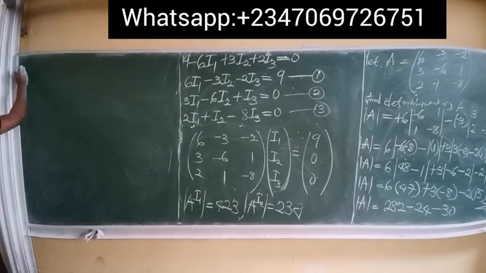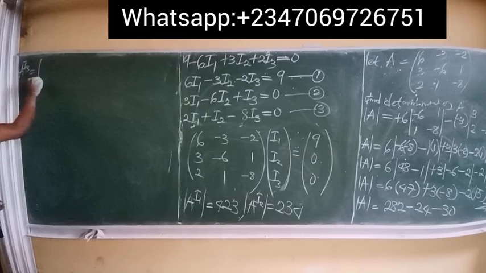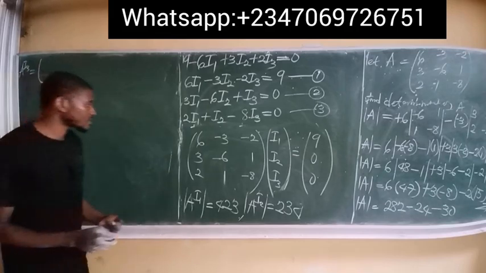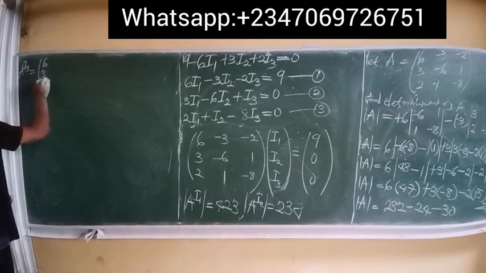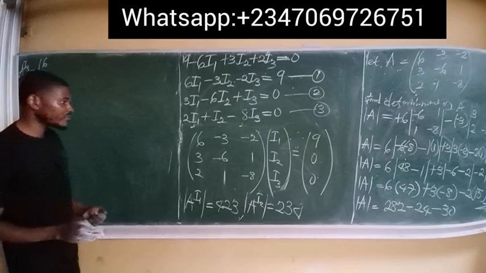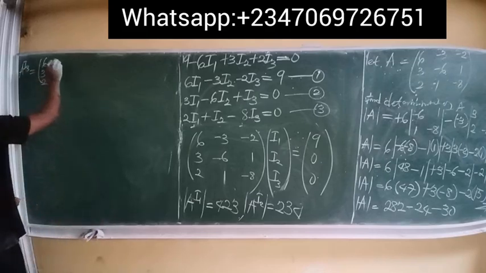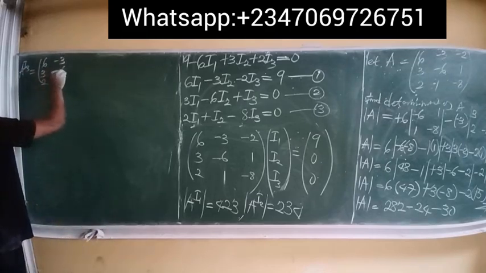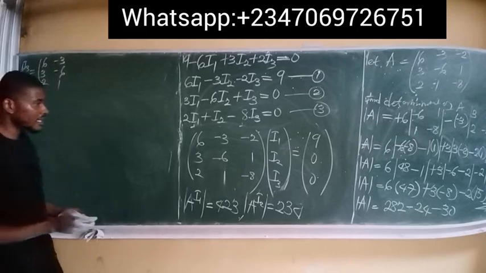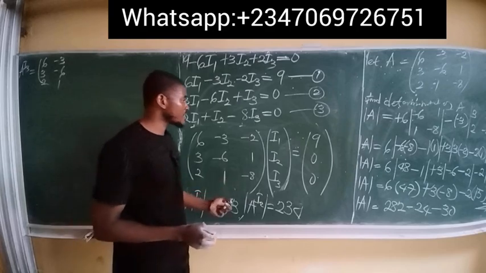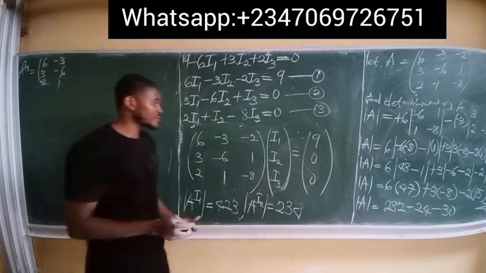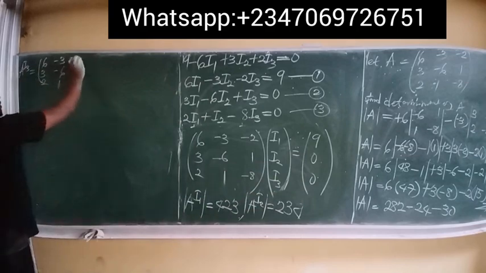So we form the last matrix AI3, and that's equal to, so we form the matrix now: 6, 3, 2, 6, 3, 2. We have minus 3, minus 6, and 1. And finally, in place of minus 2, 1, and minus 8, we replace it with the values of the constants, 9, 0, 0. So we have 9, 0, 0.